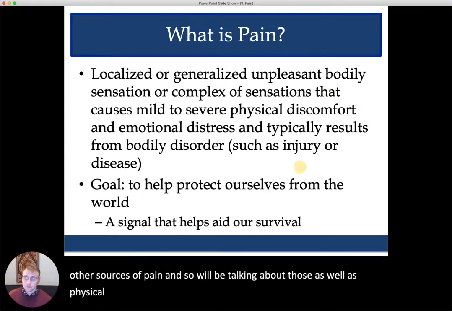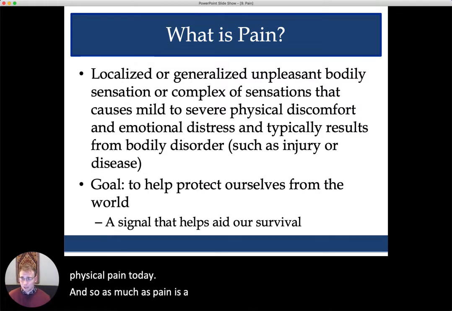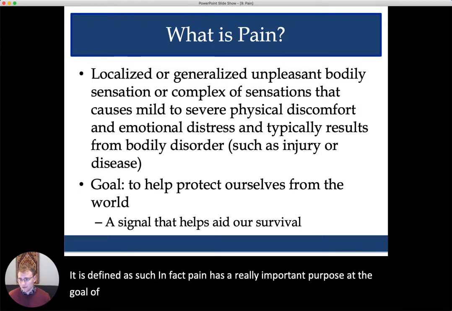Right, and so, as much as pain is a terrible, unpleasant experience, right? It is defined as such. In fact, pain has a really important purpose. Right? The goal of pain is to help to protect us from the world. Right?